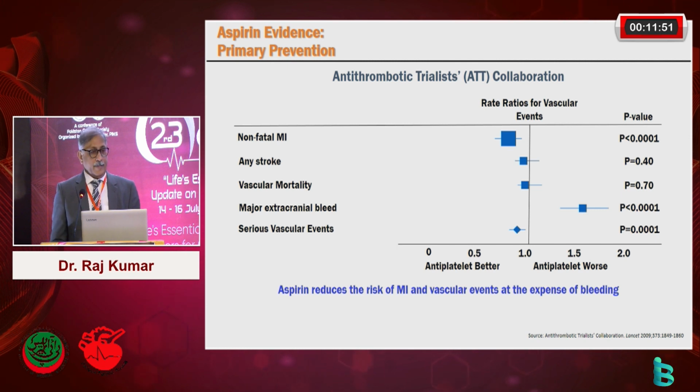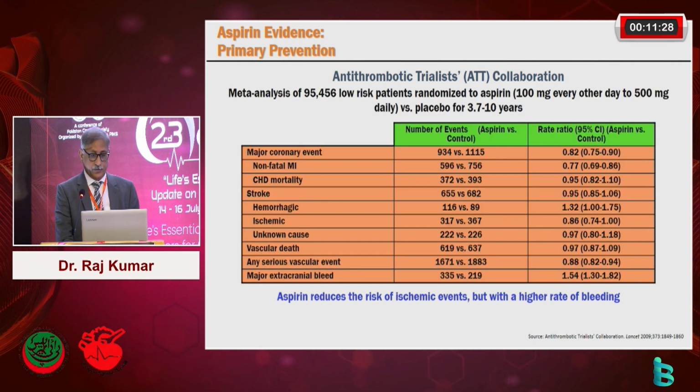This is another primary prevention trial, the Antithrombotic Trialists' Collaboration, which says that it reduces the risk of MI and vascular events, but at the expense of bleeding. So we need to balance and consider the risk factors, whether the patient is at high risk for an ischemic episode or at high risk for bleeding episodes. These trials said that aspirin reduces the risk of ischemic events but with a higher rate of bleeding.